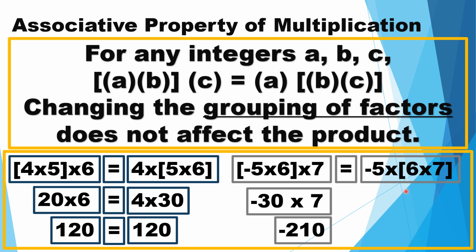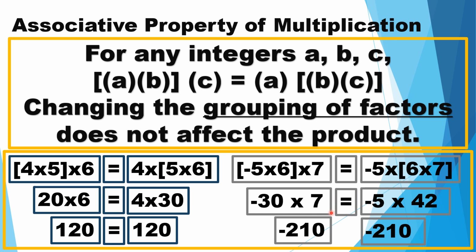Next, sa right side, yung nakagroup, 6 times 7 is equal to 42. Negative 5 times 42 is equal to negative 210. Negative 30 times 7 is equal to negative 5 times 42. Negative 210 is equal to negative 210.